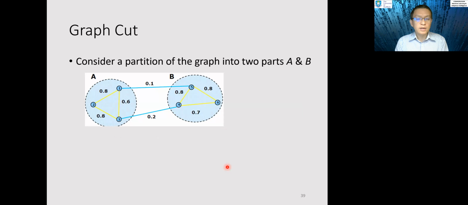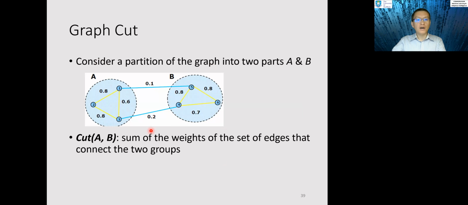And let's consider a partition of a graph into two parts, A and B. Then we can define a cut, A and B, which is the summation of the weights of the edges that connect the two groups.